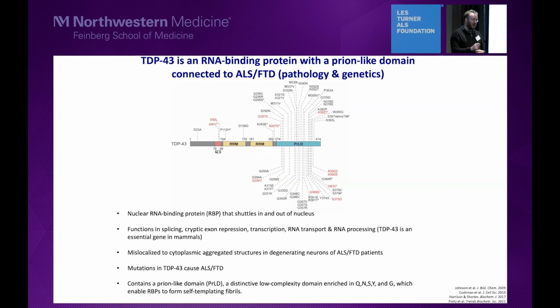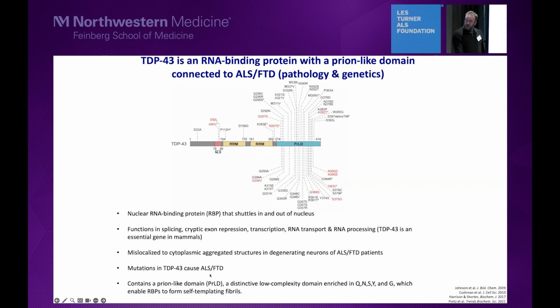So there's a definite thought that the loss of TDP-43 from the nucleus, this loss of nuclear function, is contributing to the neurodegeneration we see in disease. So in degenerating neurons, we find it in these cytoplasmic aggregated structures, and mutations in TDP-43 are now well-established causes of ALS and FTD.